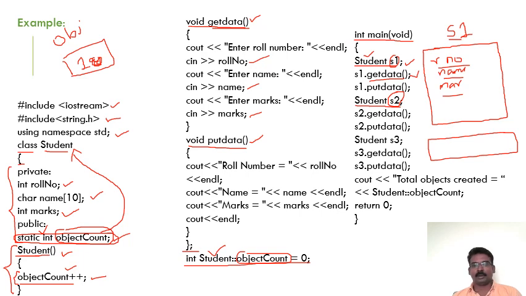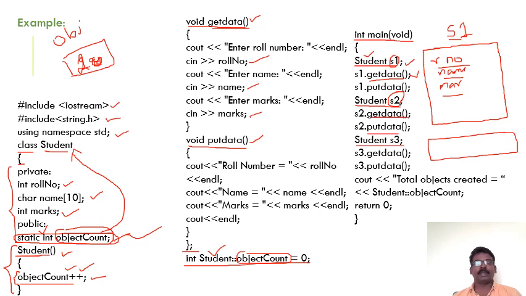As soon as the second object gets created, again the constructor gets executed, and the value of the object count variable gets incremented. So now it becomes 2. Then we are just getting the data using get data and displaying it using put data.